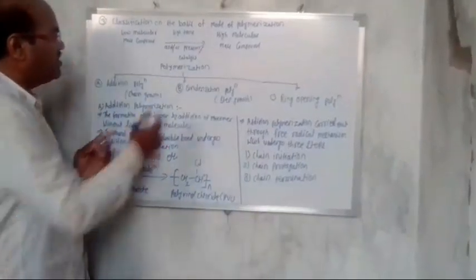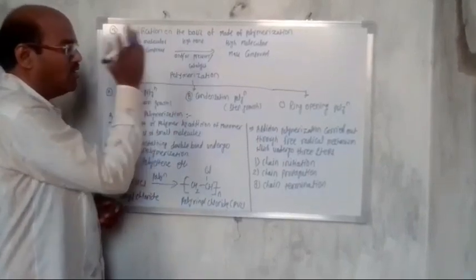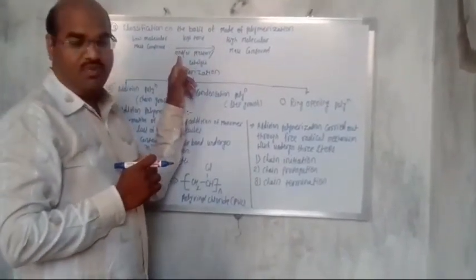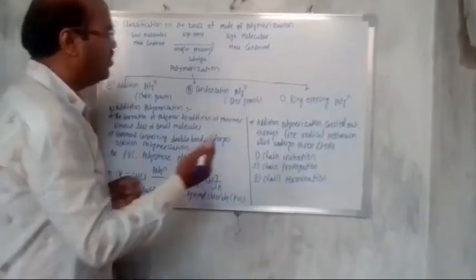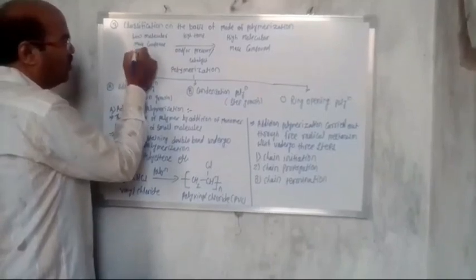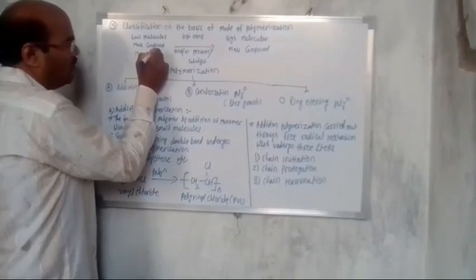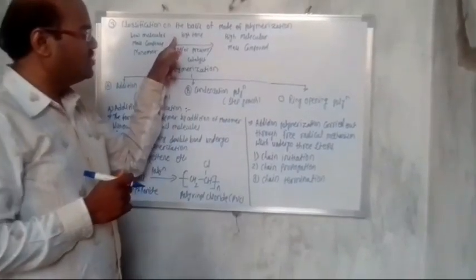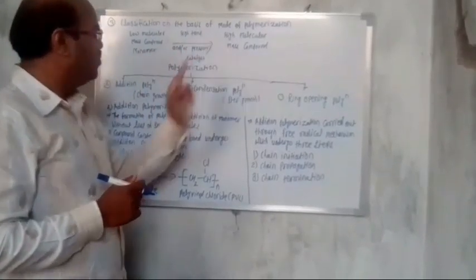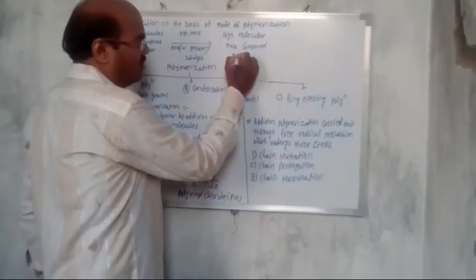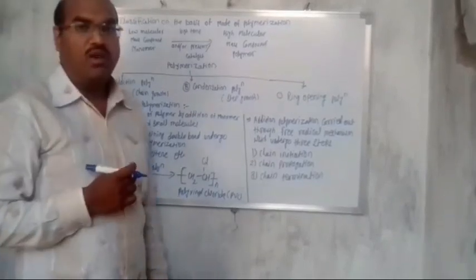Polymerization means a low molecular mass compound, in the presence of temperature, pressure or catalyst, is converted into a high molecular mass compound. The low molecular mass compound is the monomer, and it is converted into polymer. This process is called polymerization.